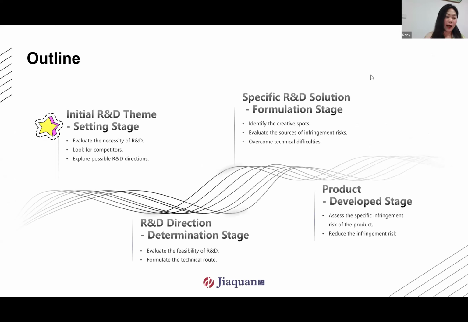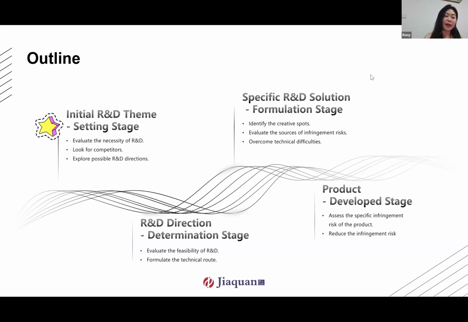For example, if a client just has a basic R&D idea but no specific technical plan or product yet, our goal is probably to help them understand how others in the industry are making similar products. They can then know which directions to go in. While doing this, they need to avoid patents set by competitors and make their products unique.